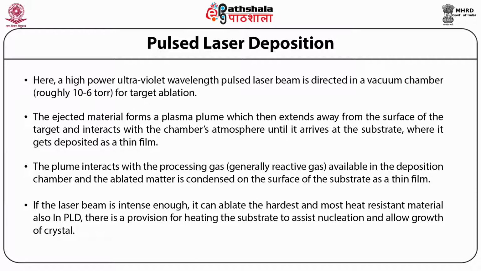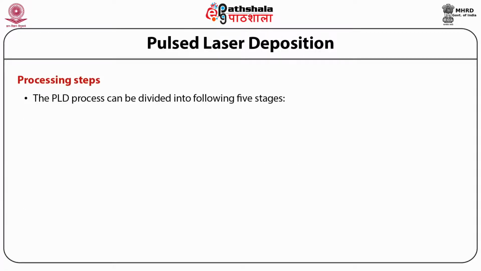In PLD, there is a provision for heating the substrate to assist nucleation and allow the growth of crystal. The processing steps of PLD are as follows. First, the absorption of laser on the surface of the target.